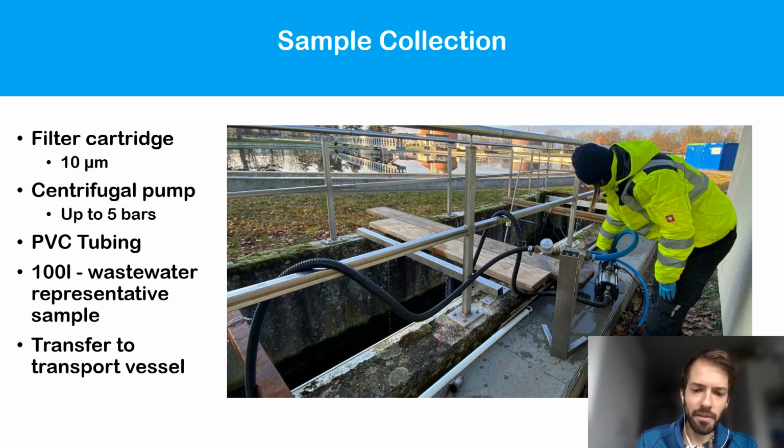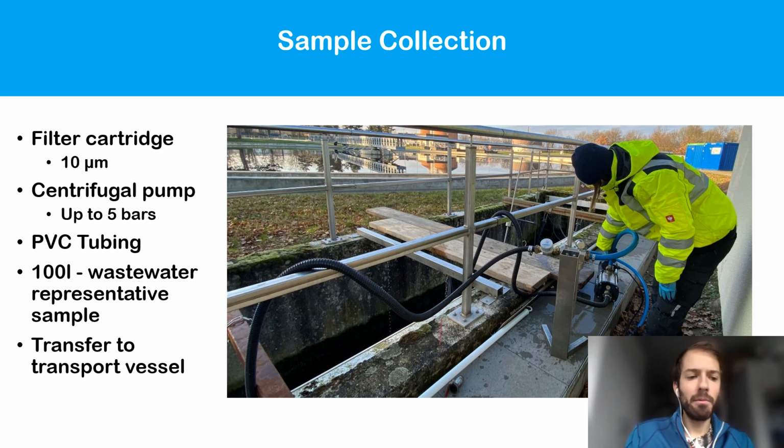Then the next step is the sample collection, how you take the sample in the environment. Here we have the example of the effluent of the wastewater treatment plant, where we take the sample. We use a filter cartridge with 10 micrometers, a pump and PVC tubing. With this, we can pump a high amount of water through the filter cartridge without blocking.